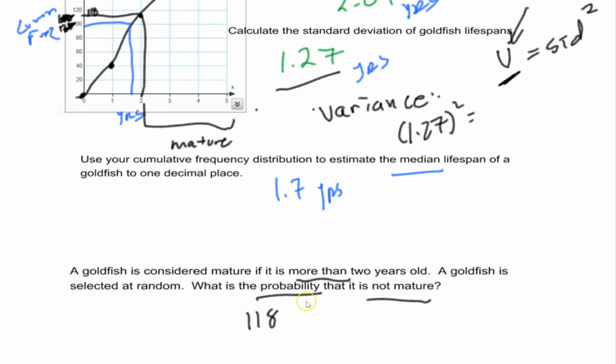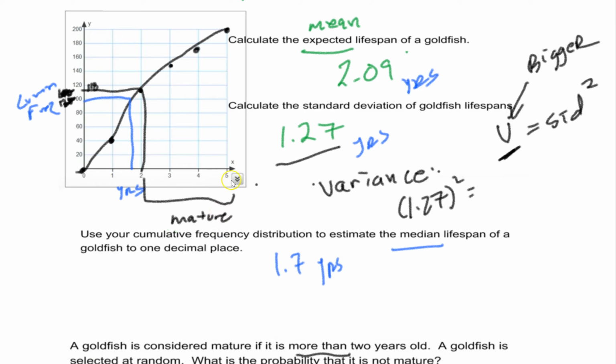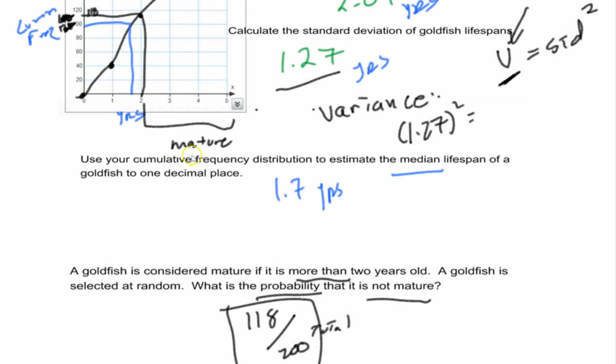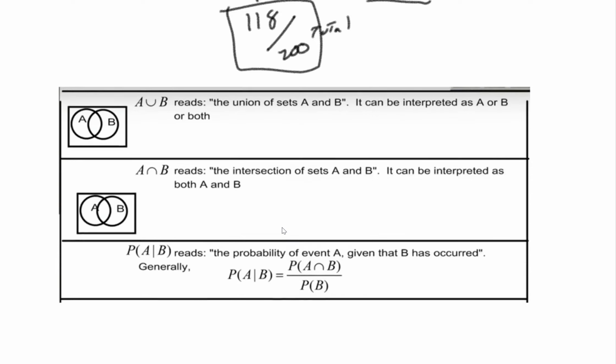But they want the probability, so I'm going to put that over the total, which is I believe 200, and that's the probability that it's not mature. You could leave it as a fraction or put it as a decimal, either way. Anytime it's the top half, more than, greater than, use the top half, go up across. Anytime it's less than, like not mature, you just use the number.